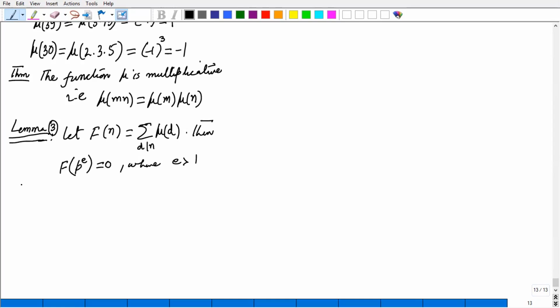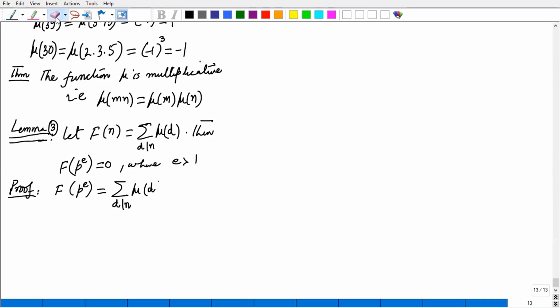So look at the proof of this result. f of p to the power e. Now we apply the definition which is given here: the sum which runs over the divisors of n of mu of d. And n is p to the power e.